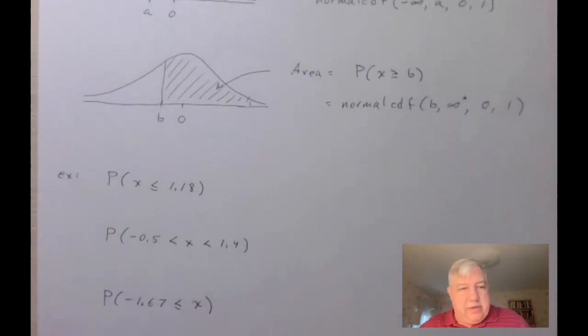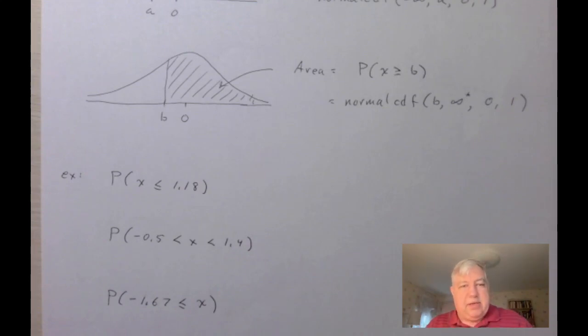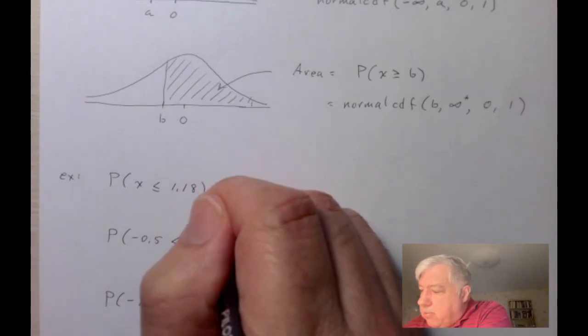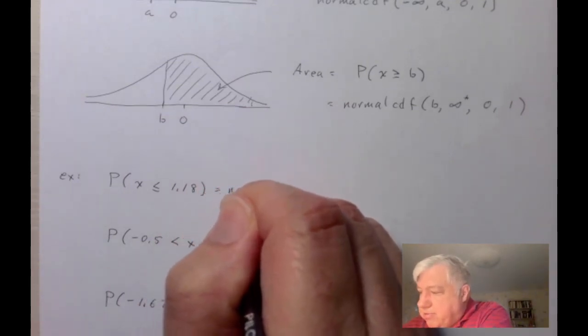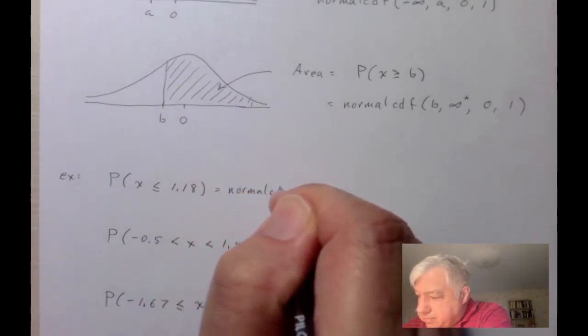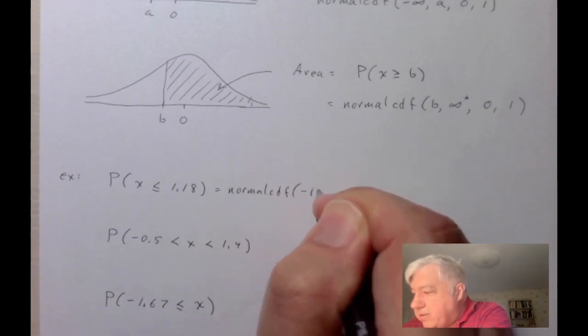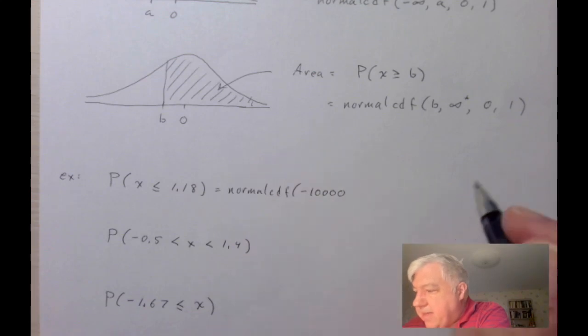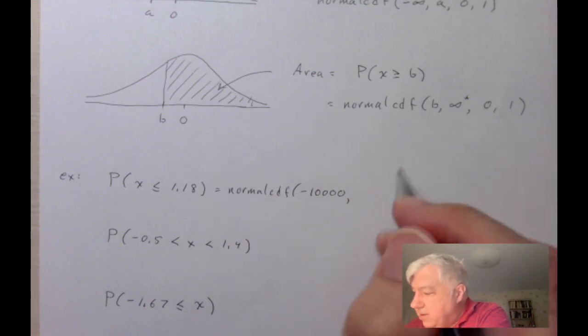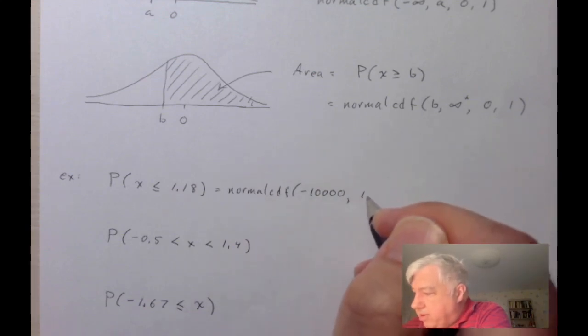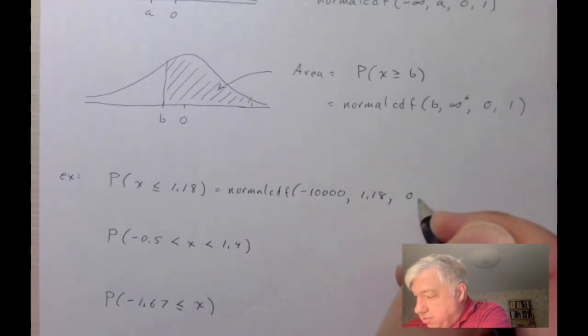So let's say you wanted to find the probability that x is less than or equal to 1.18. We would use normal CDF of negative infinity, which in this case we'll just use negative 10,000, should be enough, and then 1.18, 0, 1.